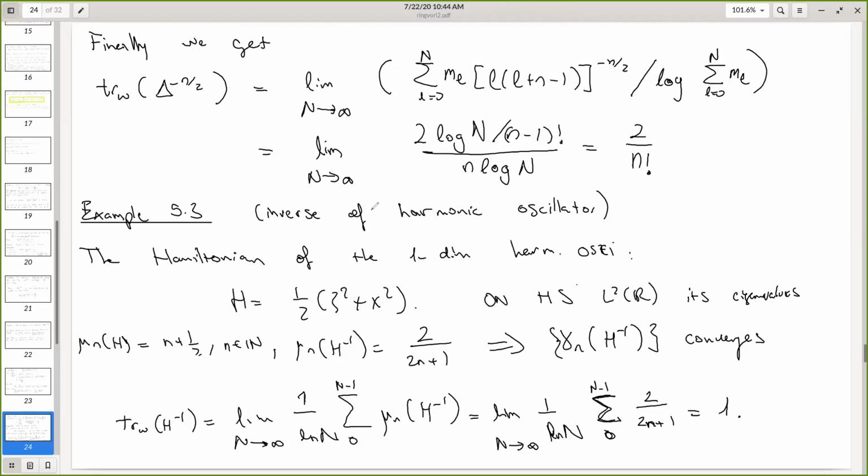And for these operators, we wanted to define a trace, which is not just the usual sum over all eigenvalues, because this decays as 1 over n.